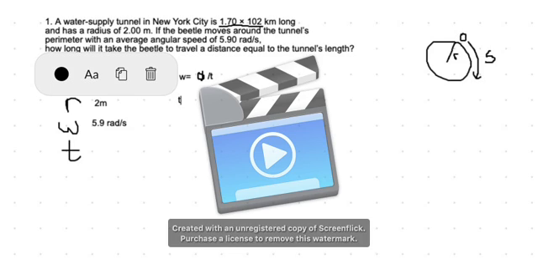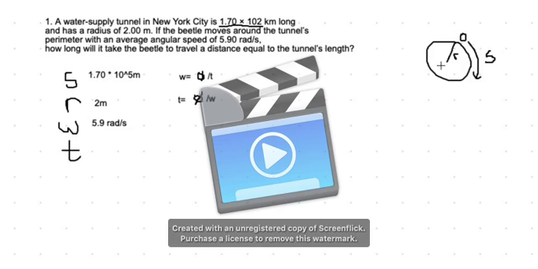Then I'm going to divide both sides by W to give me time is equal to theta divided by W. Now in order to solve for time here, I need to know theta, which is the angular displacement of the beetle during its movement, and I need to know the average speed of the beetle. I know the average speed of the beetle, but I don't know theta. So the first thing that I need to do is figure out a formula for finding theta.